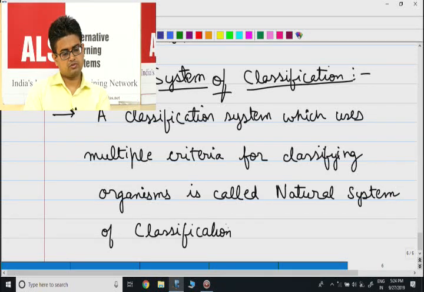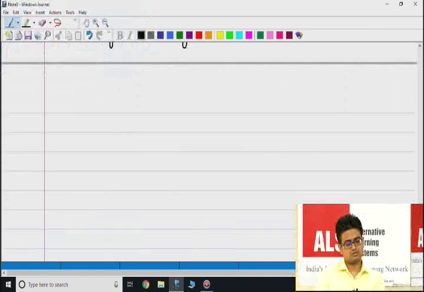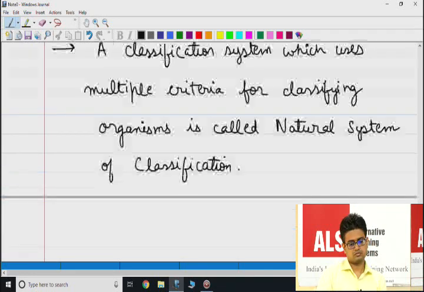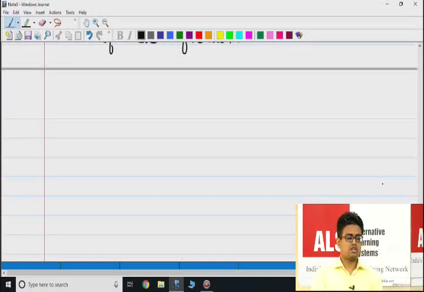Natural system of classification. Okay, it's called natural system of classification.